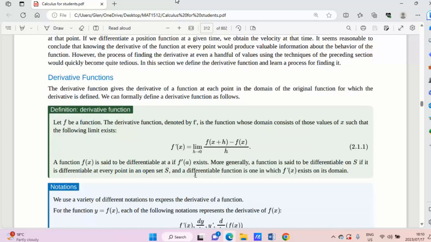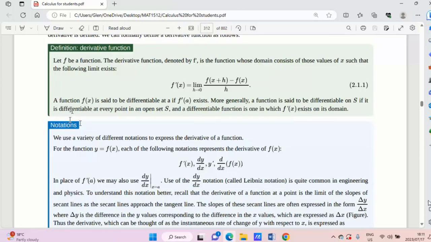More generally, a function is said to be differentiable on S if it is differentiable at every point in an open set S, and a differentiable function is one in which the derivative of f of x exists on its domain. I'll just be saying the derivative from now going forward.